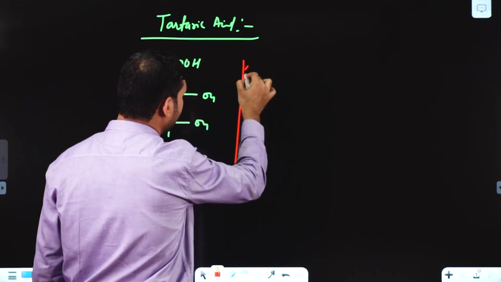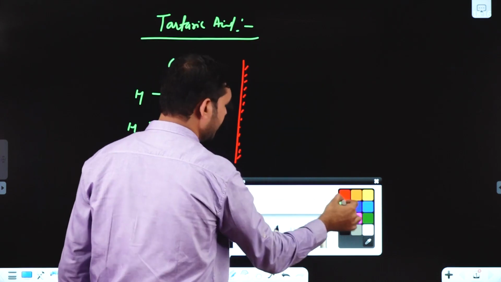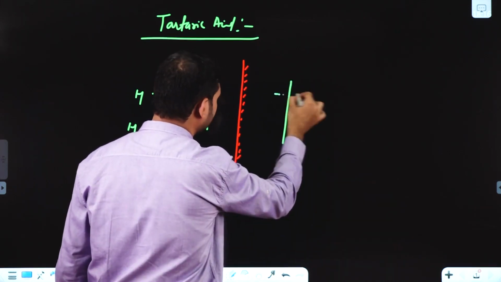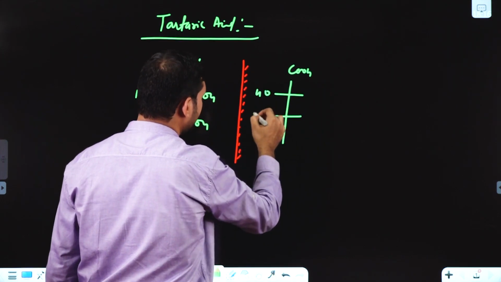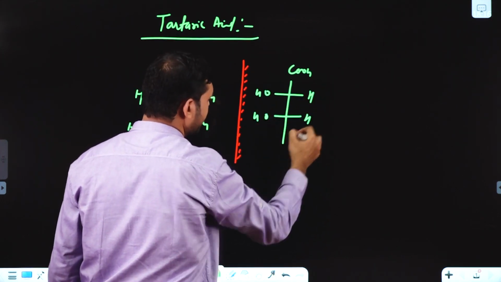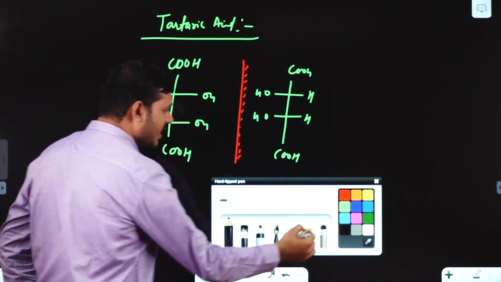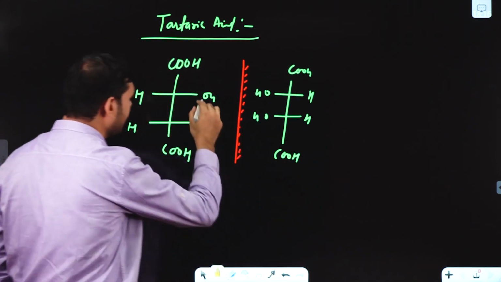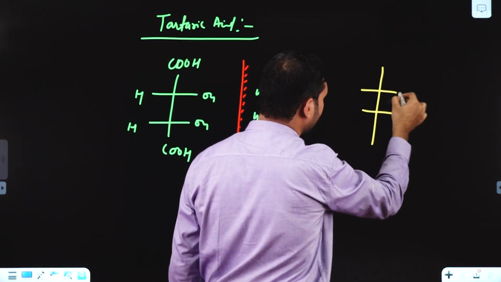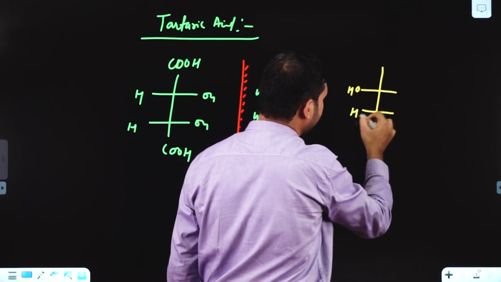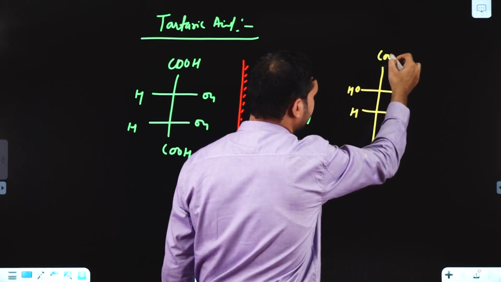If I place a mirror here, the compound formed will be COOH as it is. This OH comes this side, OH comes this side, H, COOH. Clear? Now, another possibility of tartaric acid is if both OH are on opposite sides. So this OH, H, OH, H, COOH and COOH.